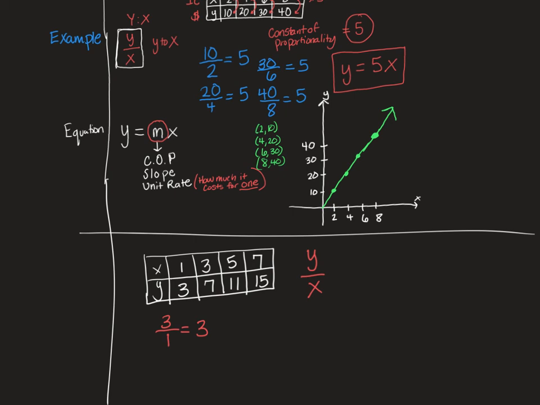The next ratio I'm going to write in blue. 7 over 3. Uh-oh. 7 divided by 3 is not a whole number. 3 divides 7 twice. 6.